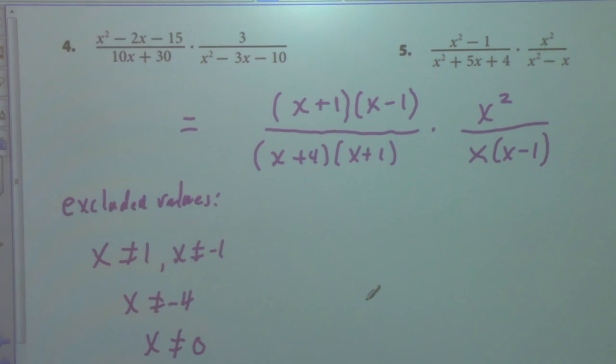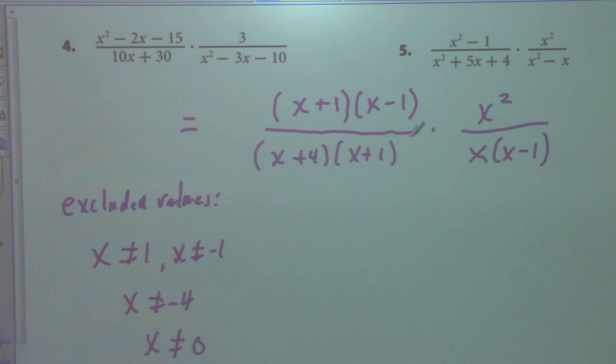Go ahead, Kendall. And then I have x squared on top. Oh, so x squared on top here? And then x. Oh, and cancel stuff now, you're saying? Yeah, almost forgot that.